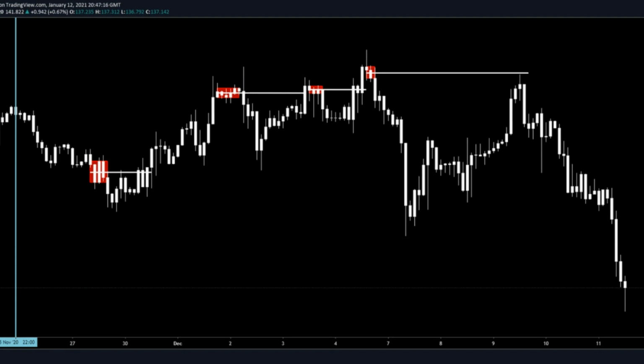The way you know that this structure is working out and you're drawing these contraction lines correctly is if the market comes into these structures and begins to pull back. Look, we've got a perfect example: the market moved into it, pulled back perfectly, then pushed through it, bounced, closed above, came back to this contraction line, went above. That's how you know you've got these contraction zones, and the contraction line itself, spot on.